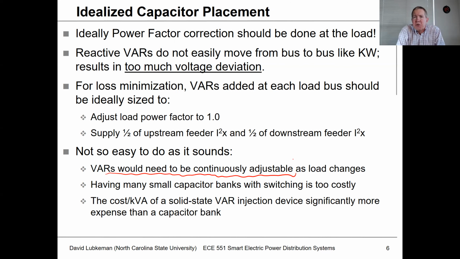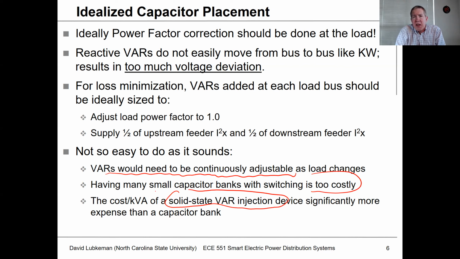If we simply use a bunch of small capacitor banks and put them in some type of a switch arrangement, this would be kind of costly as well. You have to have too many switches out there switching these small banks in and out all the time. We could maybe do this with some type of a solid state, power electronic device, say inverter-based generation, and maybe we can inject VARs at different levels.